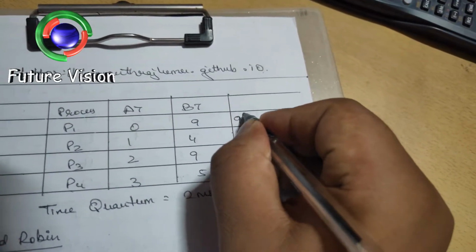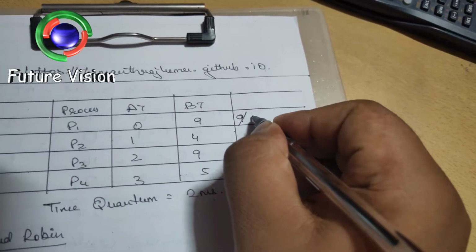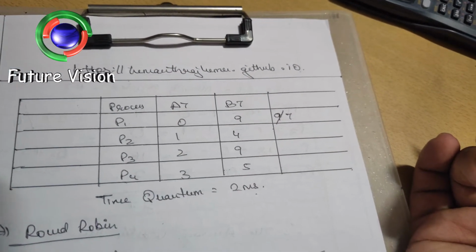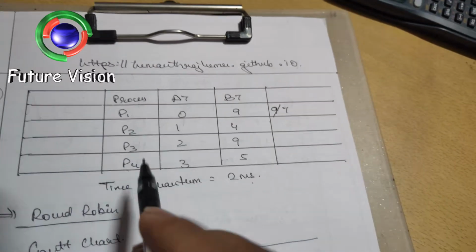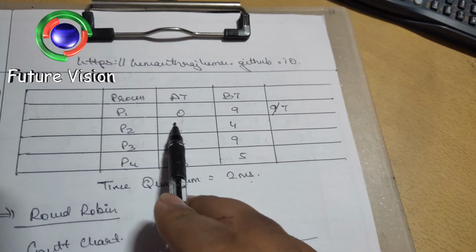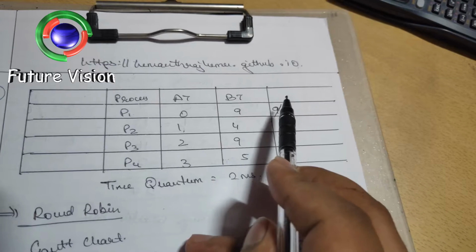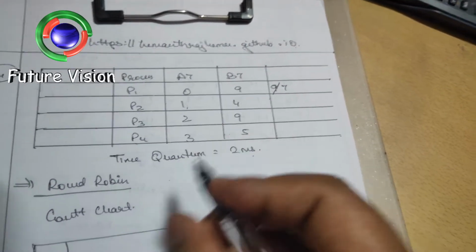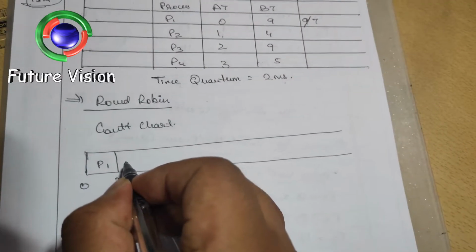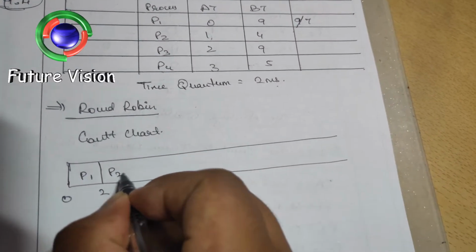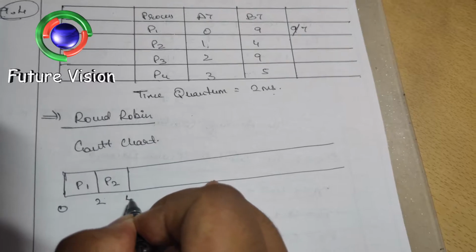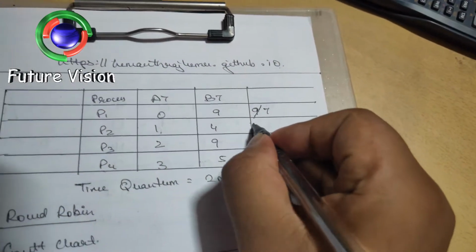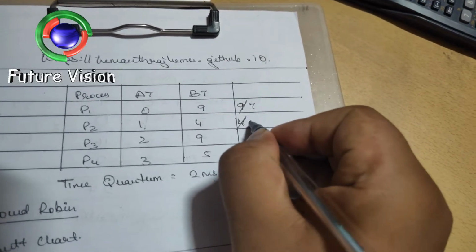Now 9 minus 2. Now process P2 arrives at 1 millisecond while P1 was executing. So P2 gets into execution from 2 to 4 according to the time quantum. P2 has 4, now reduced by 2.